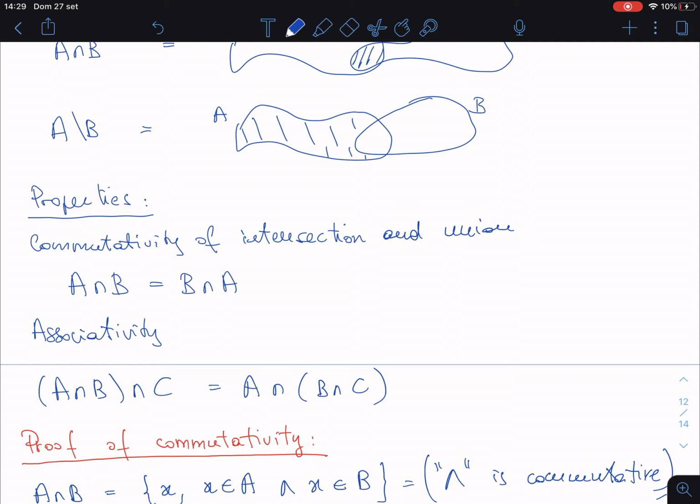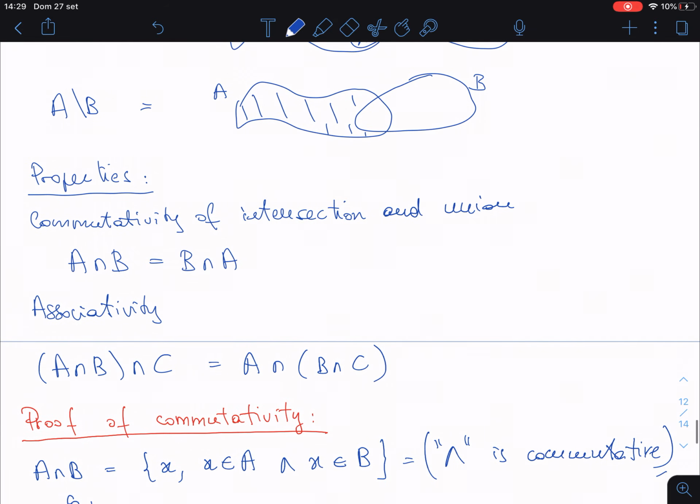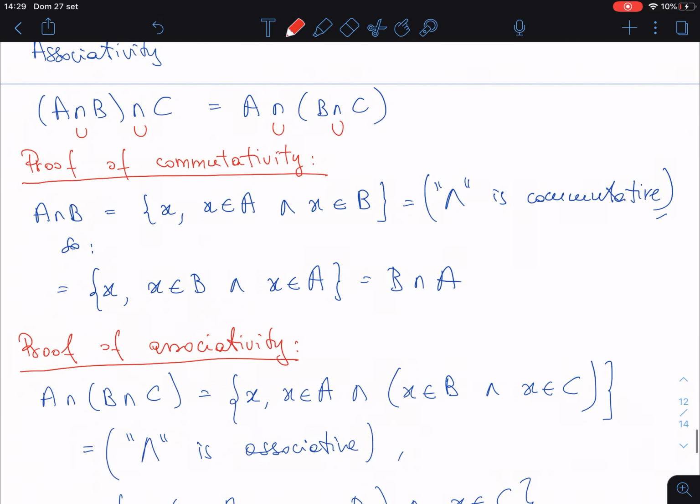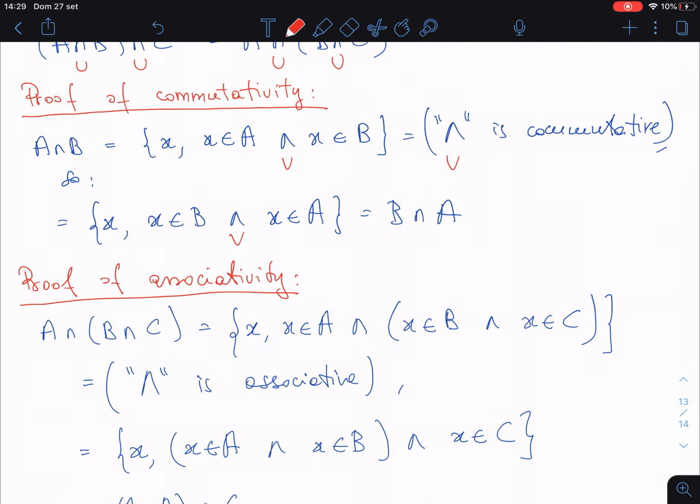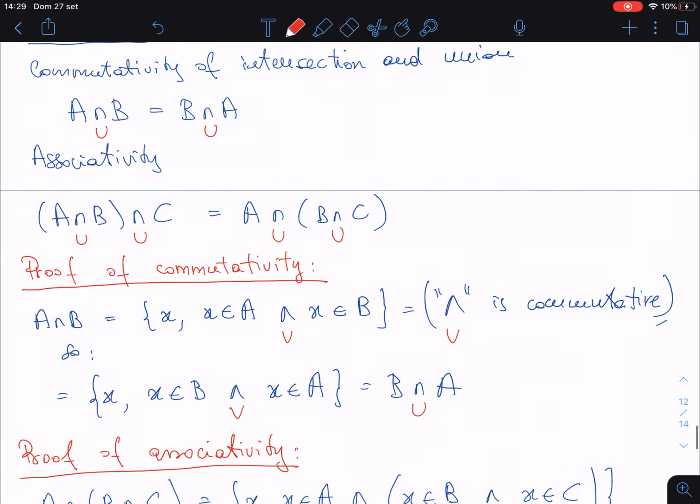So we have that the same properties of associativity and commutativity hold for AND and OR, so they also hold for union and intersection. Okay, and this is how to modify the proof. It is very, very easy. I don't want to go through that.